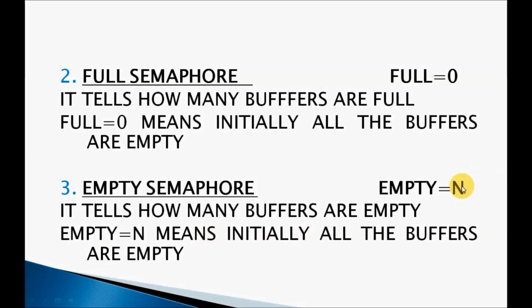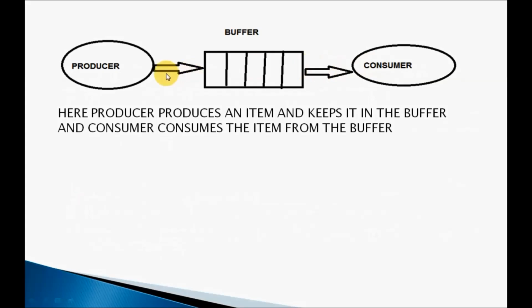Getting it, guys? So I need to use the mutex semaphore, full semaphore and empty semaphore for the bounded buffer problem. Now initially, your producer and consumer will be like this.